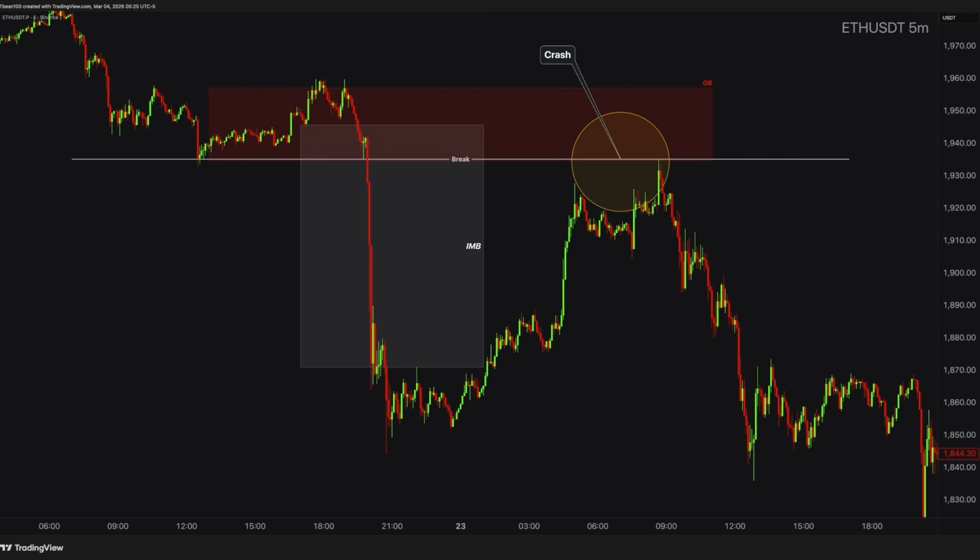We simply do not know in advance what price is going to do next. It is impossible. But if you carefully study inner structure, you can see the market structure shift followed by internal break of structures here. So in this situation, the higher time frames and the lower time frames are now aligned together.